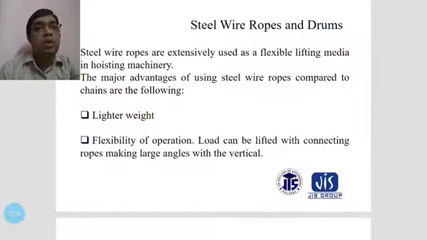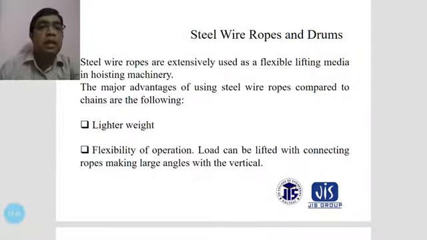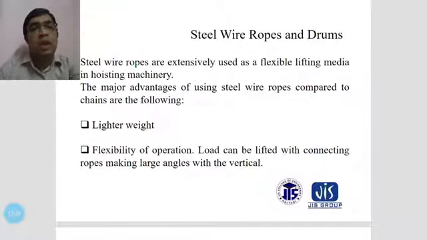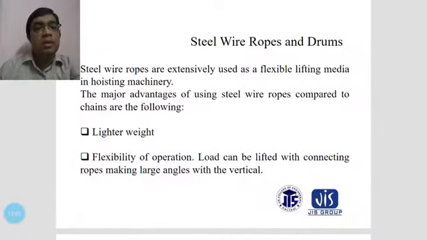Steel wire rope and drums are lighter in weight, so you can transfer your materials very easily and properly. There is no disturbance from the equipment weight, and only the weight of the transferred materials is carried, which is very easy.